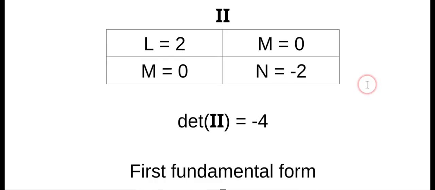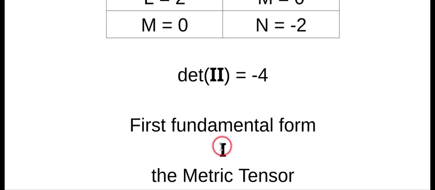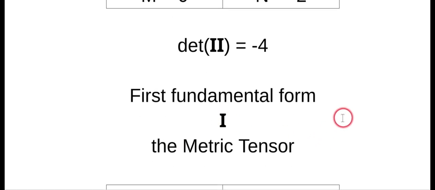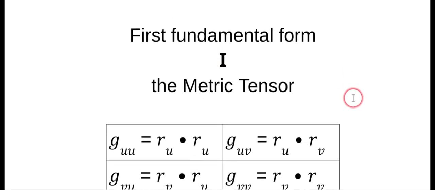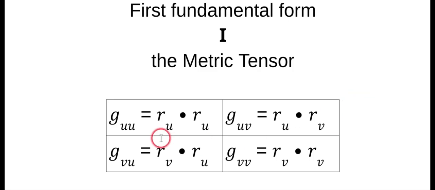All right. Now we want to do the fundamental form. Now, the way they did it in the old days was just too long, and it's now called the metric tensor. Okay, it's called the metric tensor, and we know how to do it, and it's easy. So let's just do it the modern way. So GUU is RU.RU. This is RU.RV, RV.RU, and RV.RV.